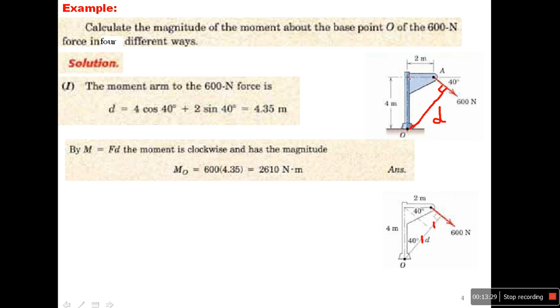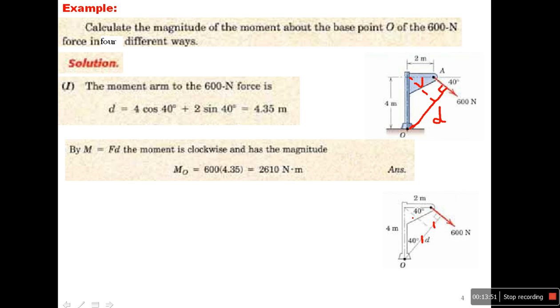How? If I draw a line parallel to the force, like that, you can see here, this angle will be 40 as well.